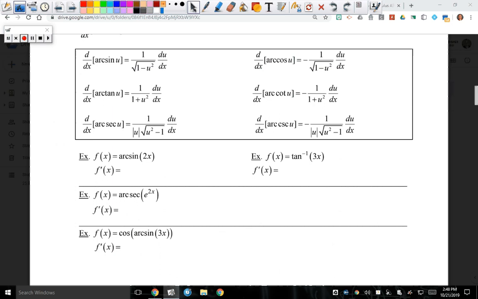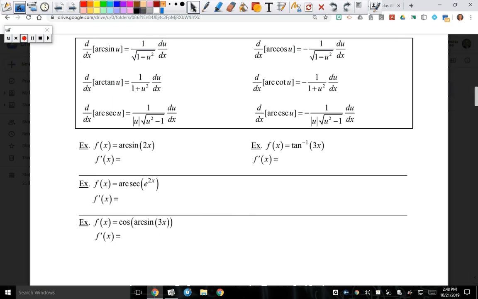The arcsine and the arccosine are very, very close to each other. They're exactly the same. The only difference is that cosine is negative. And I've helped you out with that before, that all derivatives of co- functions are always negative. So cotangent, negative. Cosecant, negative. Okay?